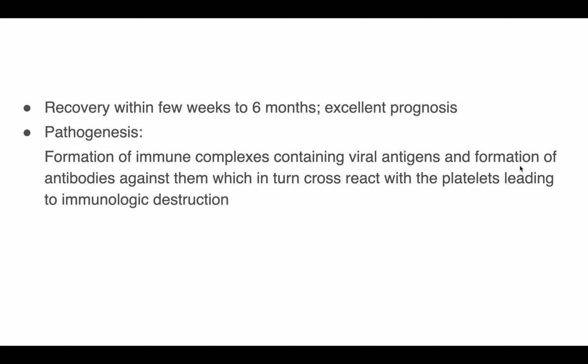Why does this take place? Because of formation of immune complexes containing viral antigens, and these immune complexes cross react with the platelets, leading to immunological destruction. Antibodies are formed against those viral antigens, and they also cross react with the platelets.